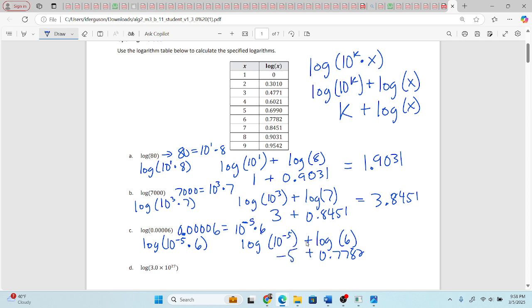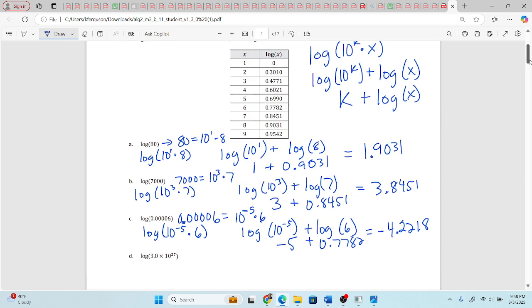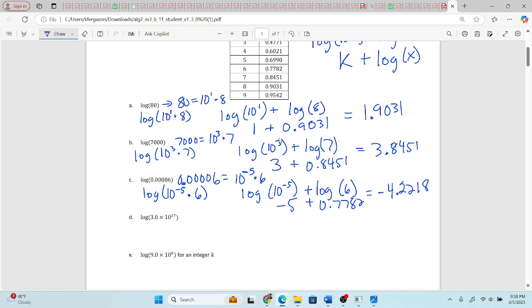So I'm going to add these two things together. All right, so this is a negative. That's a positive. So that means it's a subtraction problem. So I got to take negative 5 plus that. I end up getting negative 4.2218. And I mean, you got to line your stuff up and subtract like that.